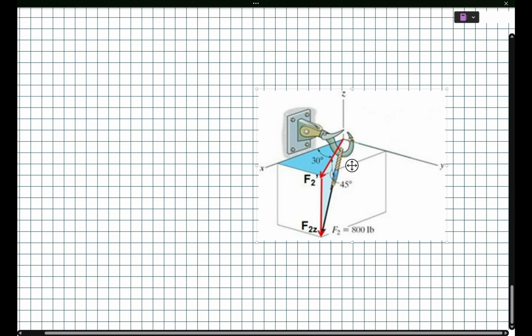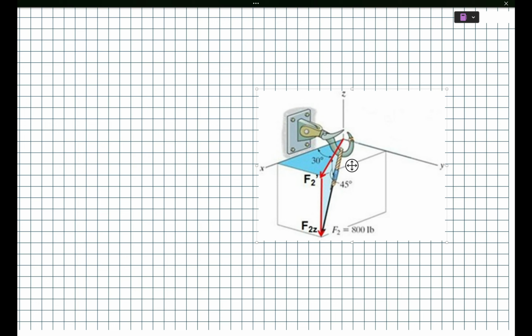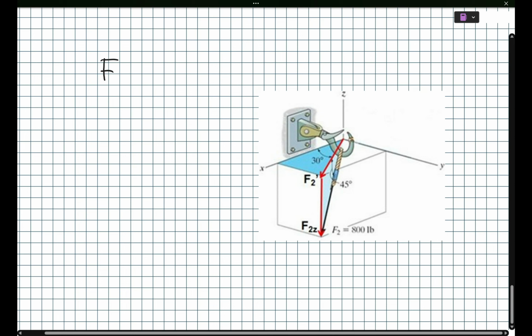Okay, so I brought up another diagram to make it a little bit more clear what we're doing in this next step. So now we're going to resolve force F sub 2. F sub 2z is going to look like negative 800 times the sine of 45 degrees, so that looks like negative 565.7 pounds.